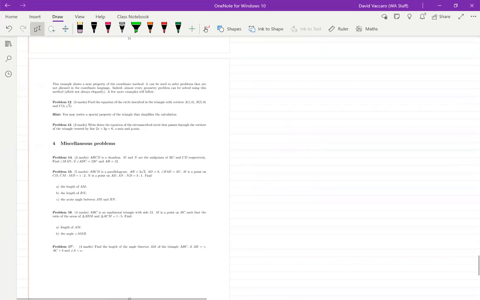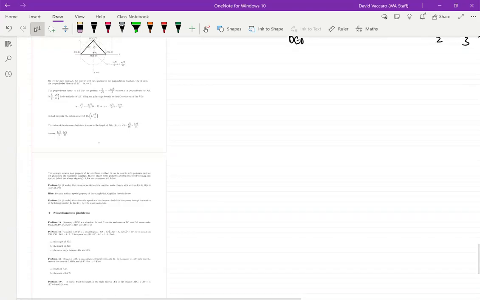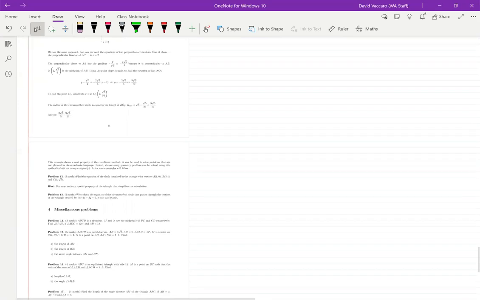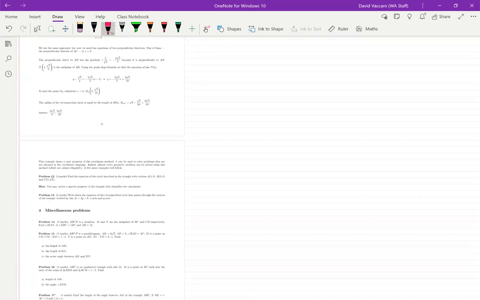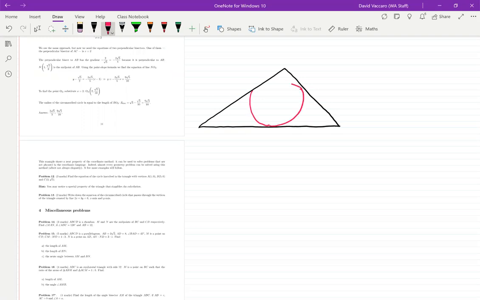Okay, I'm going to make up a problem of my own. So the first thing I'm going to do is draw a triangle. And the next thing I'm going to do is draw a circle inside that triangle, so what we call an incircle.